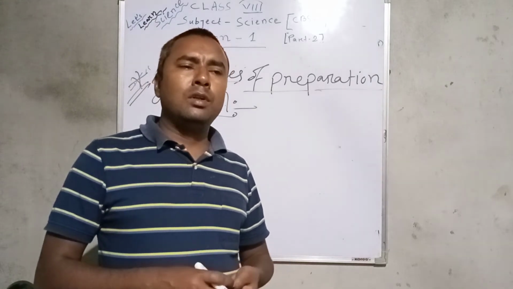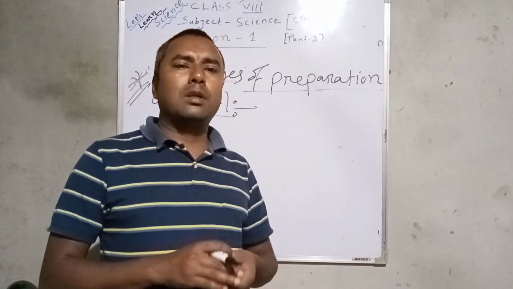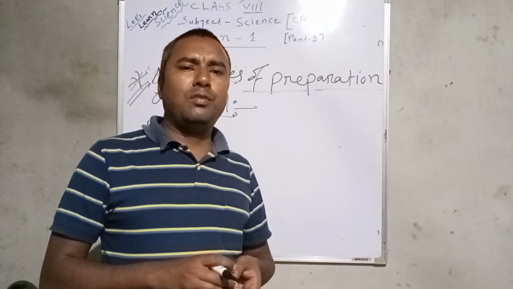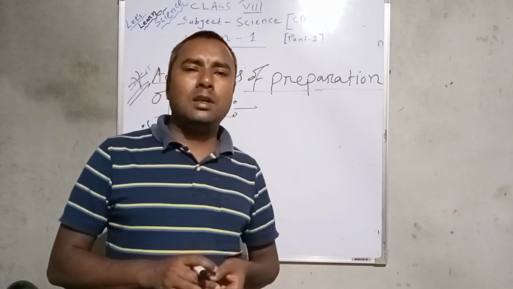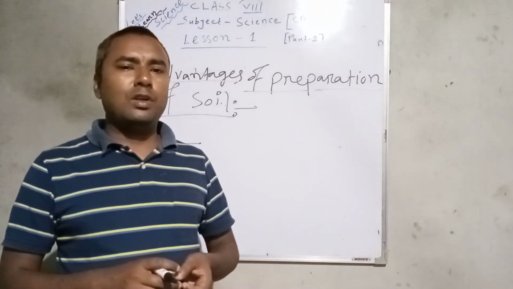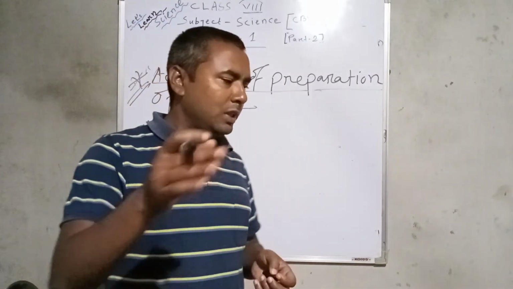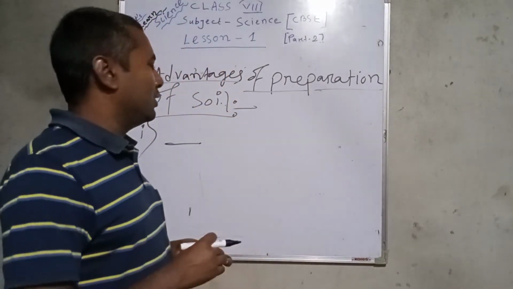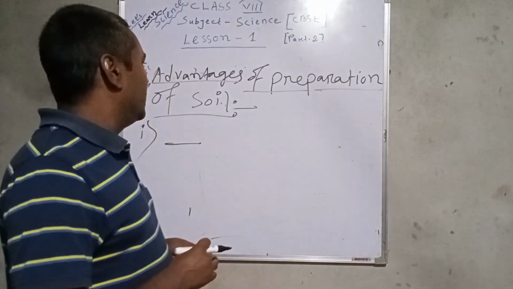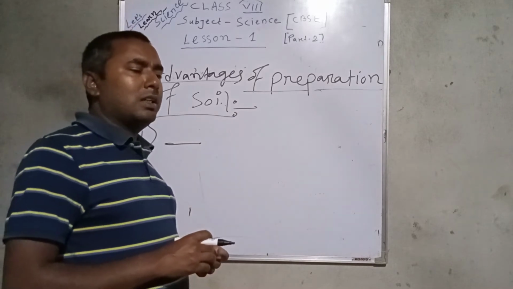Already you know the importance of earthworms for the farmer. They are also termed the friend of the farmer. I am not going to explain why the earthworm is called the friend of the farmer. You already got this in earlier classes.